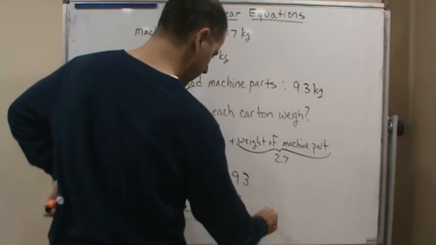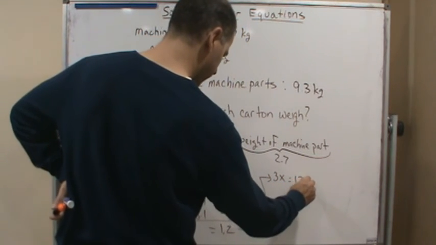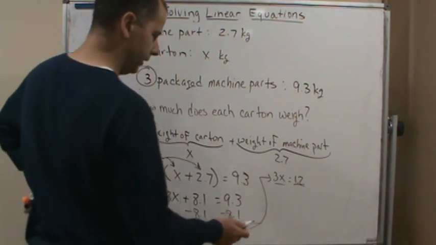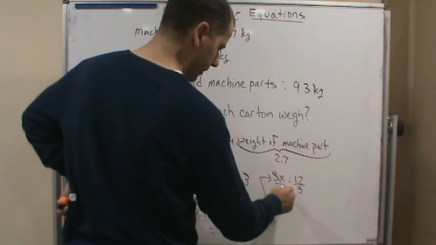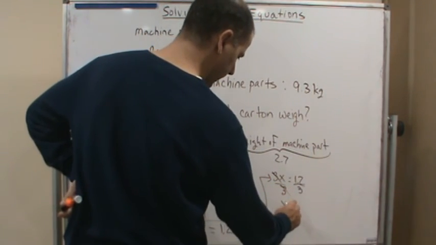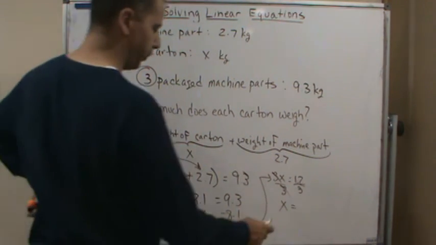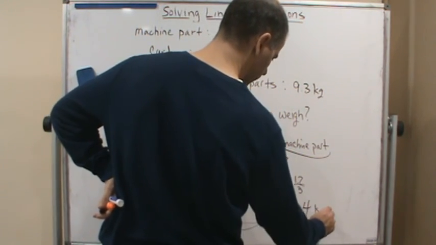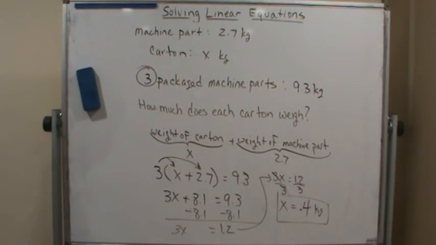So if I come over here, I get 3x equals 1.2, and I divide both sides by 3. 3 divided by 3 is 1, so I get x equals 1.2 divided by 3, which is 0.4 kilograms. And that's the correct answer.